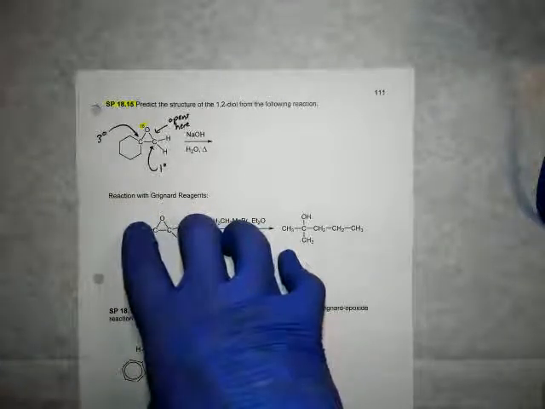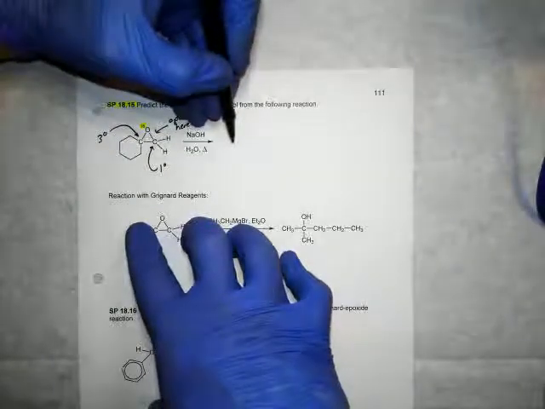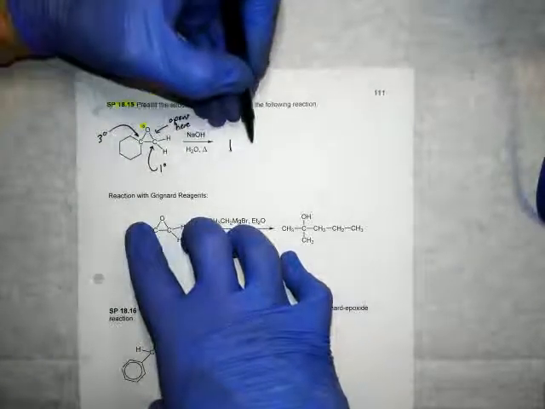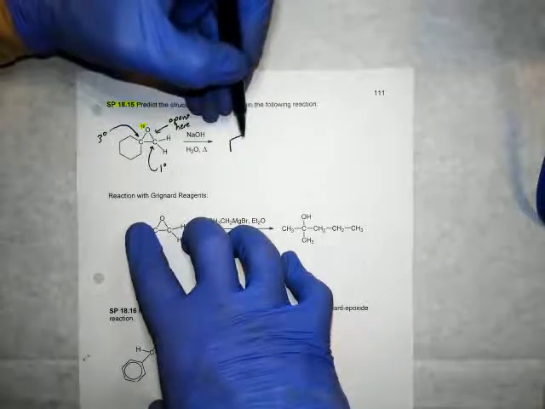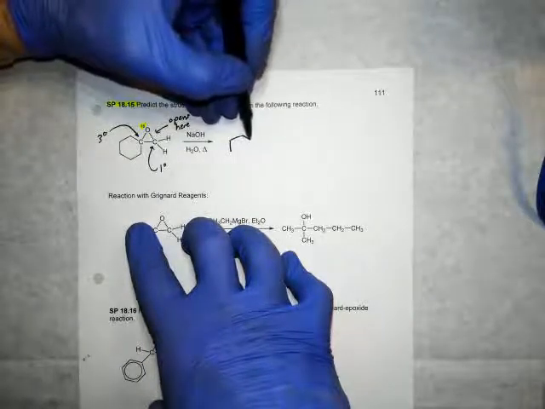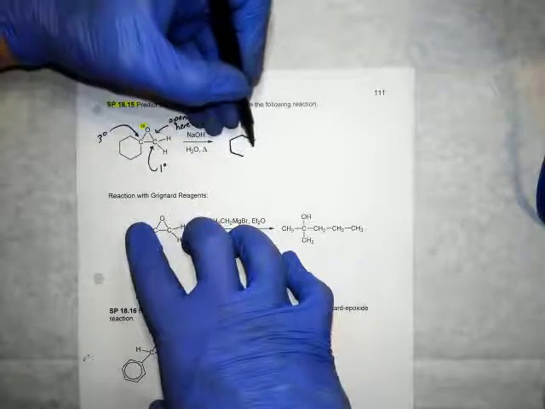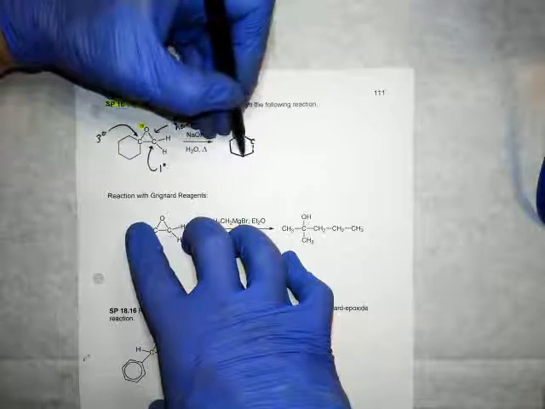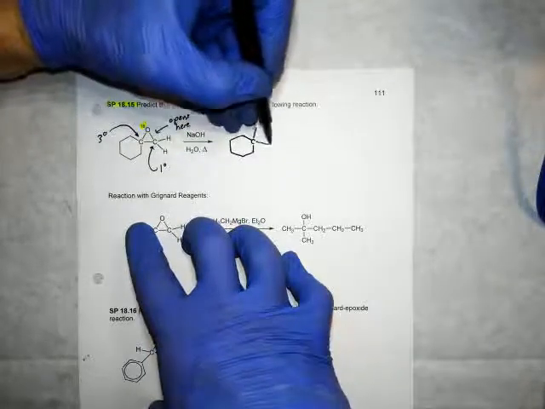Now, if you want to see this in a little greater detail, we're going to show the alkoxide intermediate, because you might wonder, how do we get that proton onto that one carbon? Let me show you by providing the intermediate. So here we opened up.